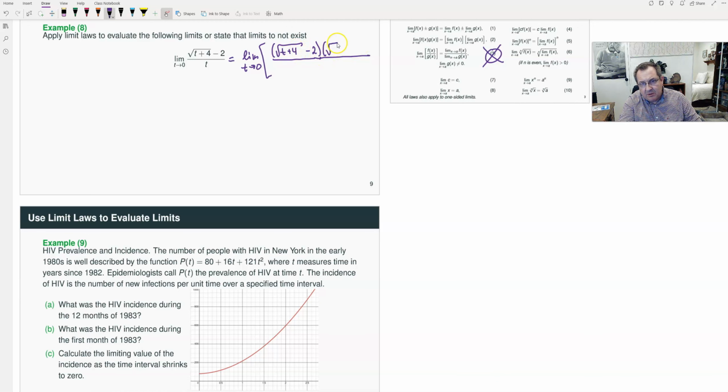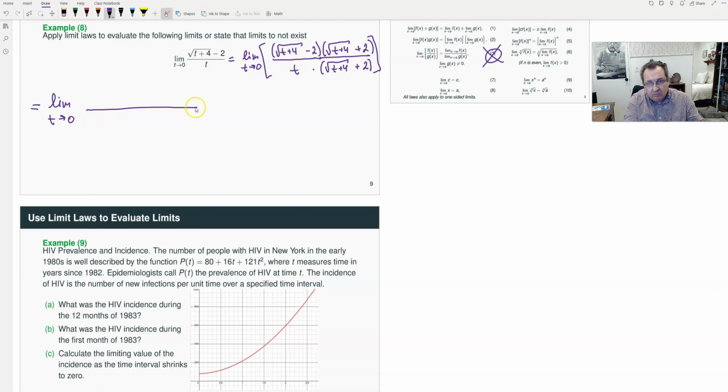And I will multiply it by the conjugate. It's radical of t plus 4 plus 2 over here. In the denominator, I will also put that conjugate. Notice that limit is still staying outside. We didn't really apply any limit laws yet. Okay, so let's see what kind of simplification we obtain.